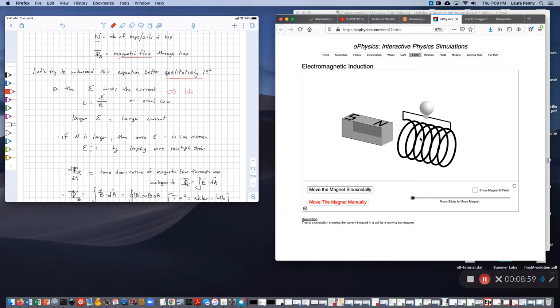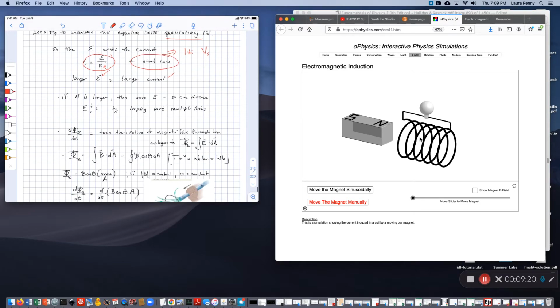An EMF is like a voltage source. And the larger your EMF, the larger the current's going to be. And this is just, again, the resistance in our loop. This is Ohm's law, right here.